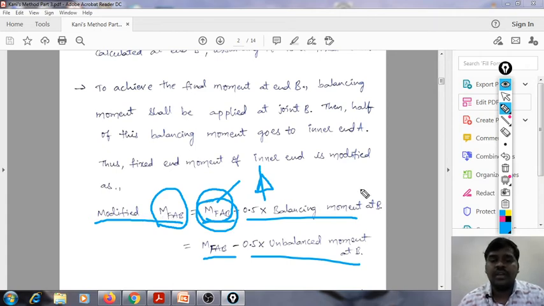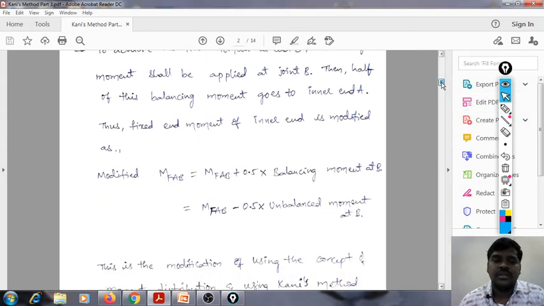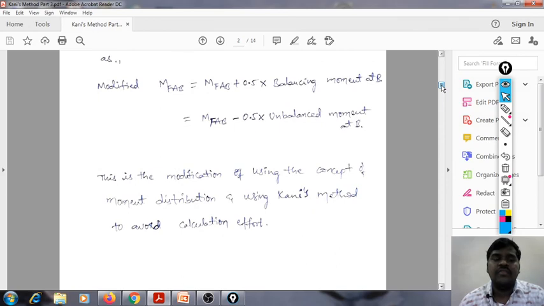After doing this, we are going to write as in Kani's method. These modified MFAB are used for finding the final moments using Kani's method if the ends are free and also simply supported.